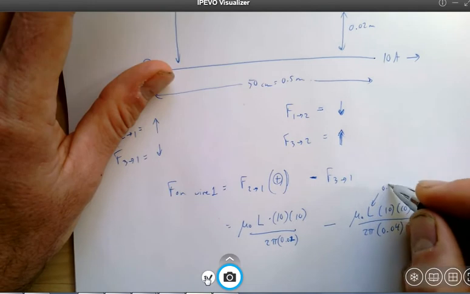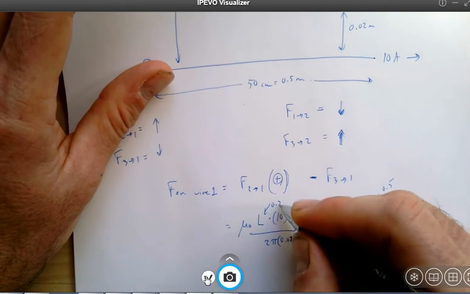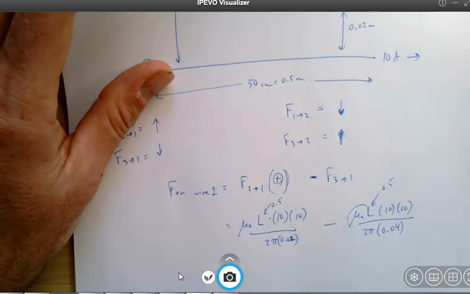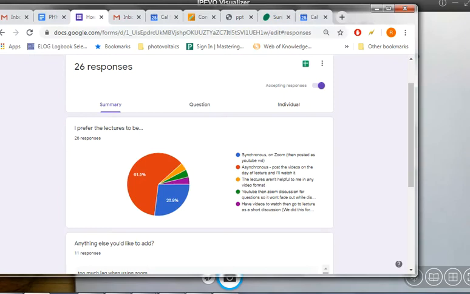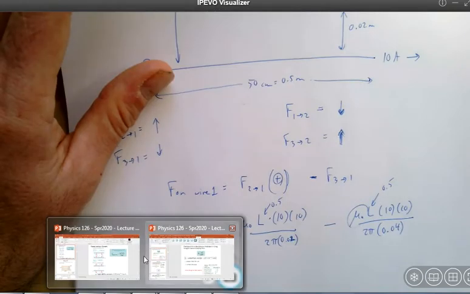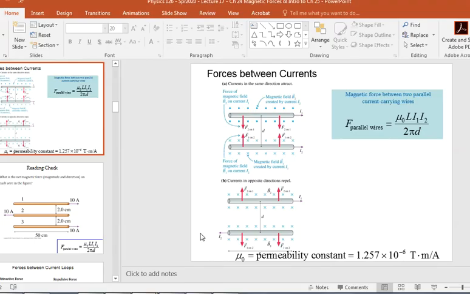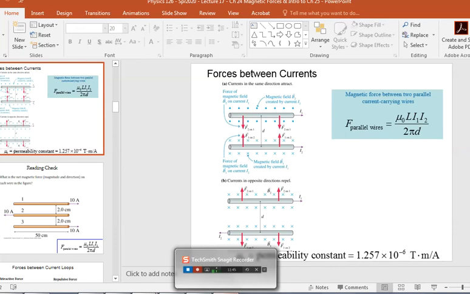The L in this case is 0.5, and mu naught is a constant, which will be equal to 1.26 times 10 to the minus 6. And we won't worry about writing down that crazy unit, Teslas meters per amps, because we know that this is all going to work out, and we're going to be left with a force that really is in newtons.